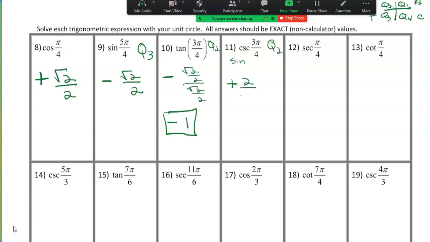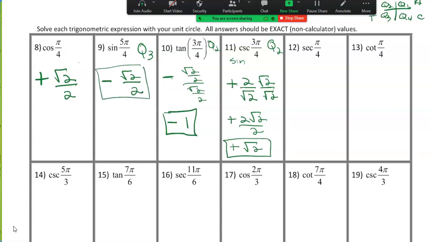Flip that over since it's not sine but cosecant, and then you need to rationalize it. Once you rationalize it, you should have 2 root 2 over 2. The 2's can cancel, and that gives you positive root 2. So notice how I'm giving you the sign as well as the value. That is my expectation from you as well.